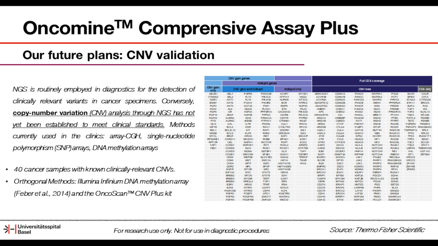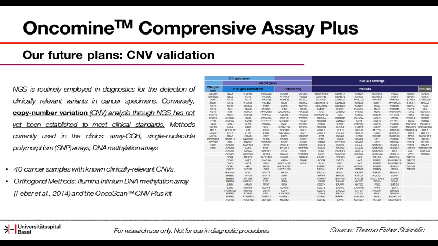So NGS is routinely used for mutation or variant detection in cancer specimens. However, copy number variation through NGS has not yet been established, and the current methods are mostly arrays. So, for example, SNP arrays or, most recently, DNA methylation arrays.